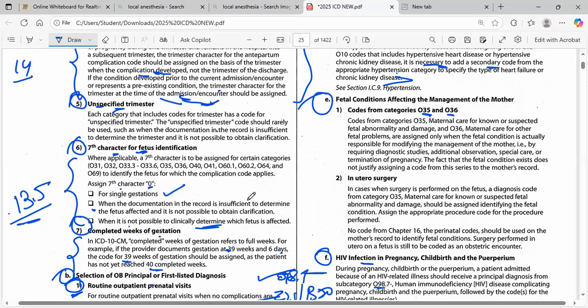Okay, try to solve this question. To find out any conditions happening with the fetus, you have to refer to pregnancy in the index, followed by fetus.